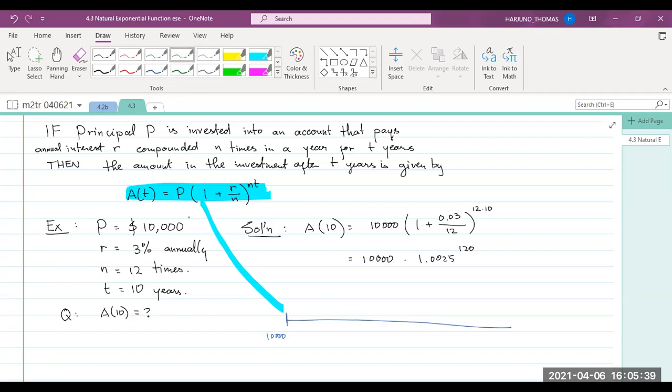So the monthly interest is 3% divided by 12.